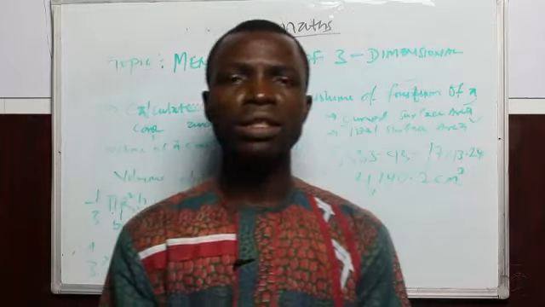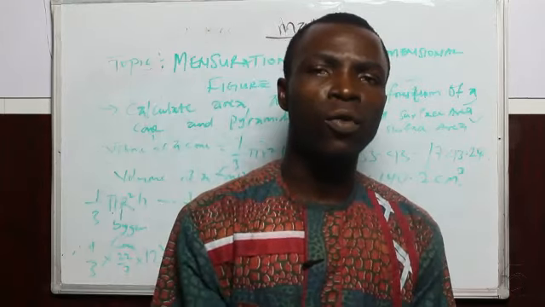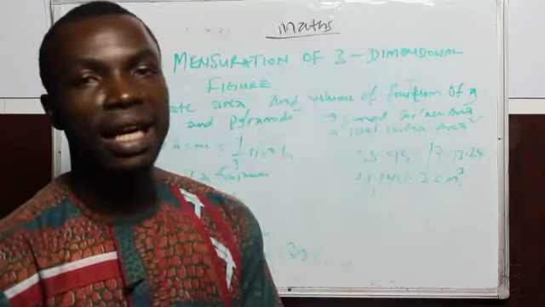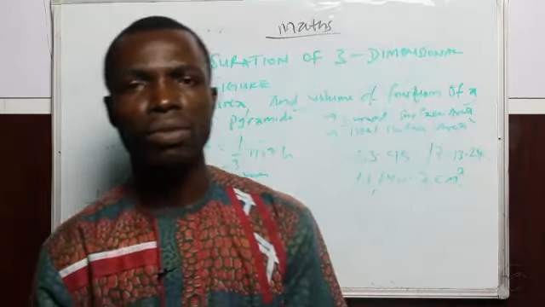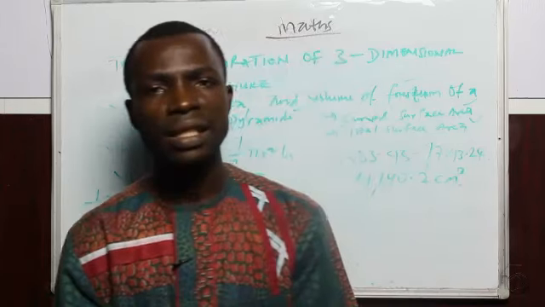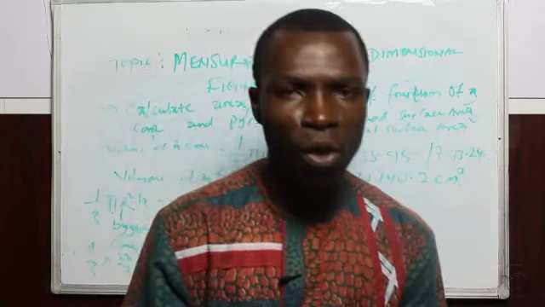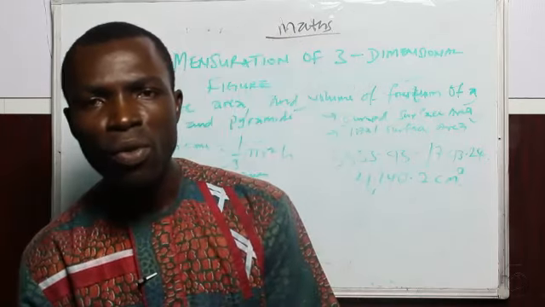So anywhere you see questions that involve a frustum, use this idea and solve the question, and I believe you will get your accurate answer. Let me give you a few evaluations so as to conclude this three-dimensional figure that involves a cone before we move to the pyramid.